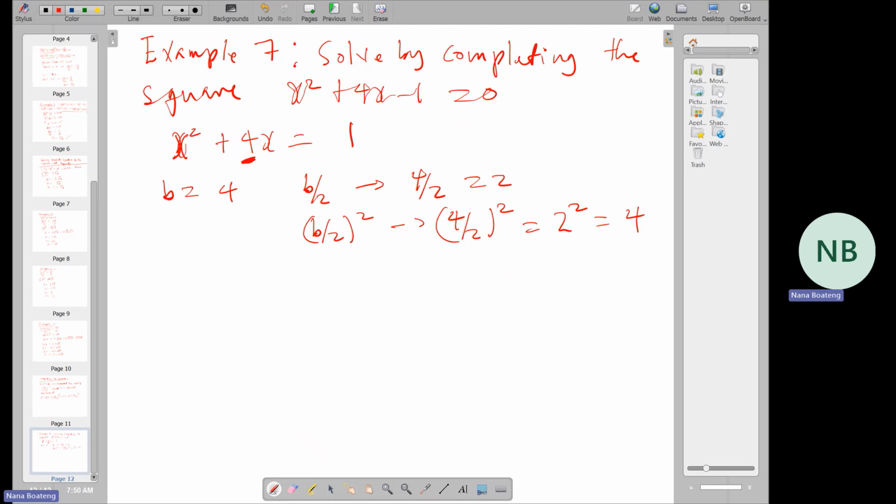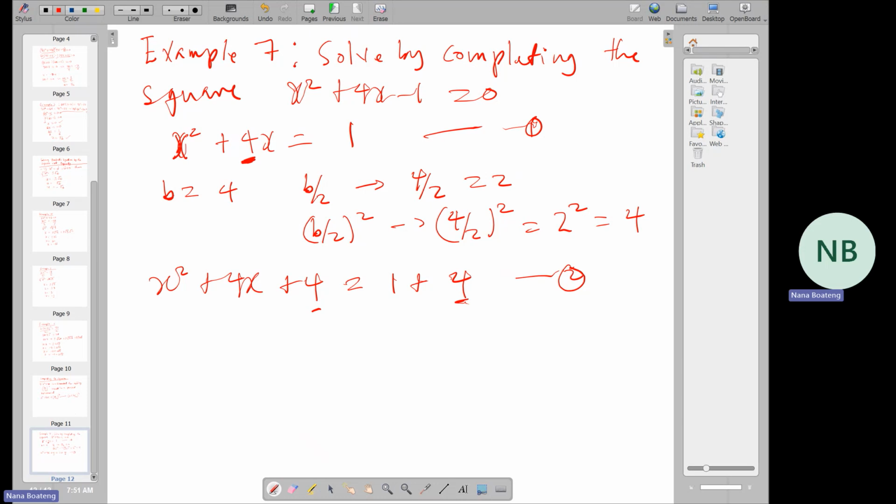All right, so we have x squared plus 4x plus b divided by 2 squared, which is 4. So we add 4 here, and this is equal to 1 plus 4. If you look at this first equation, we are adding 4 on both sides, and the 4 is coming from adding b divided by 2 squared on both sides.